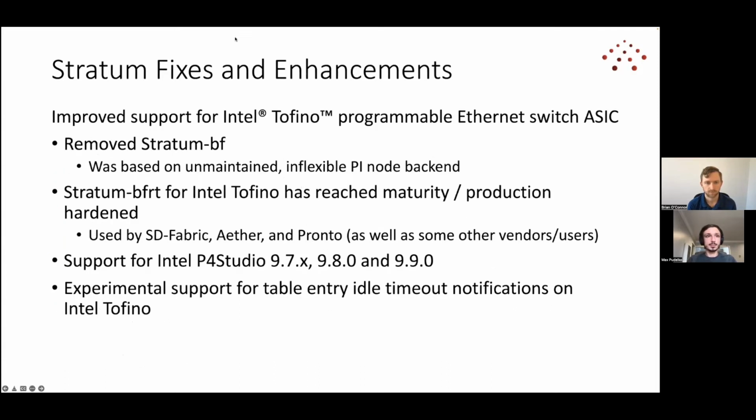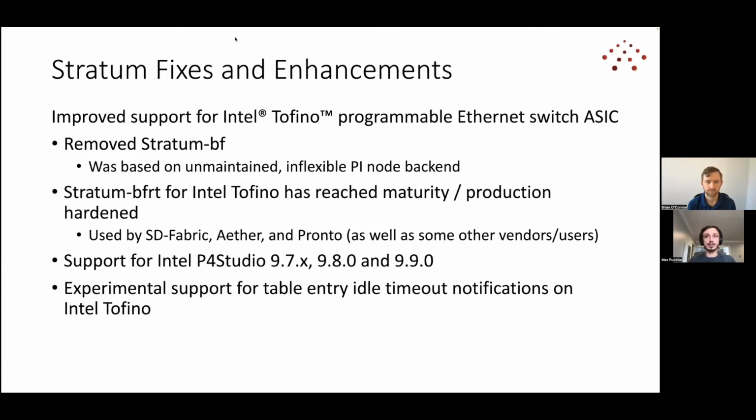Like mentioned before, we're focusing on Tofino ASICs right now, with most of the development happening on that platform. With the latest release, we removed the old Stratum BF target, BF for Barefoot. It was one of the first targets, building upon the PI node library to bring the P4Runtime API to Tofino.